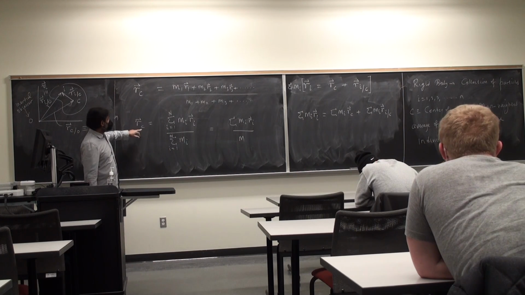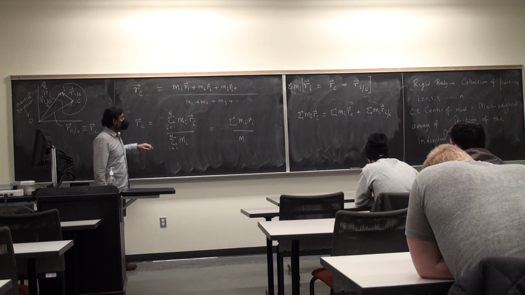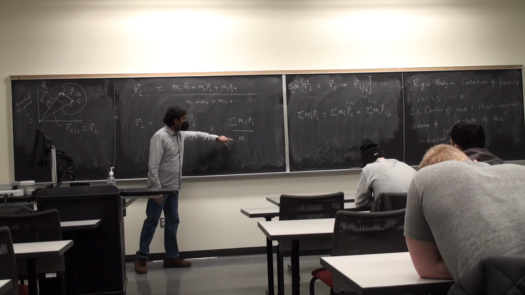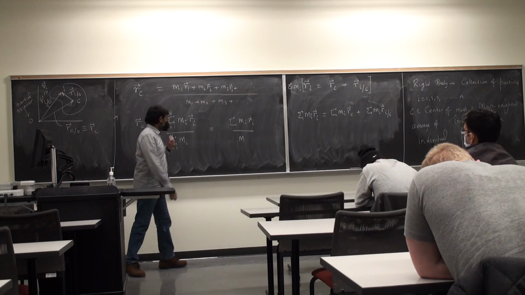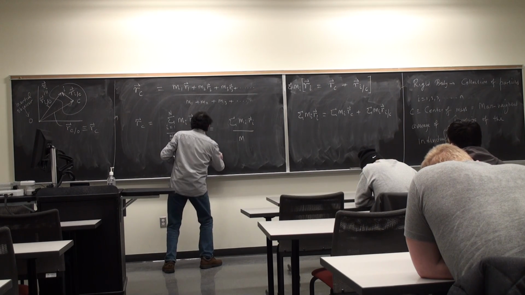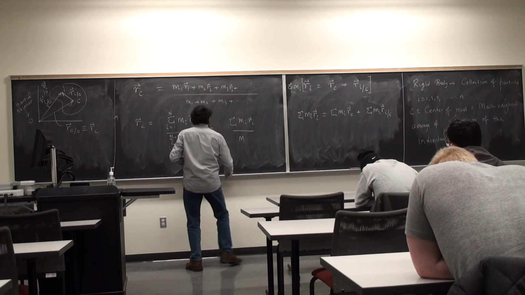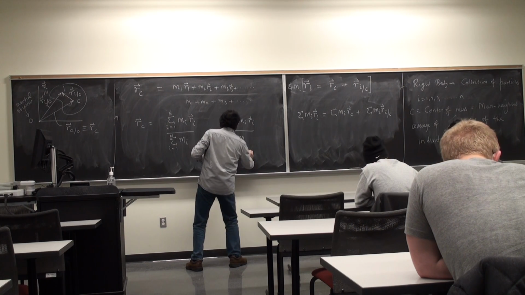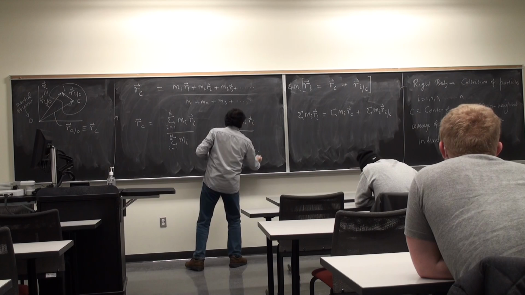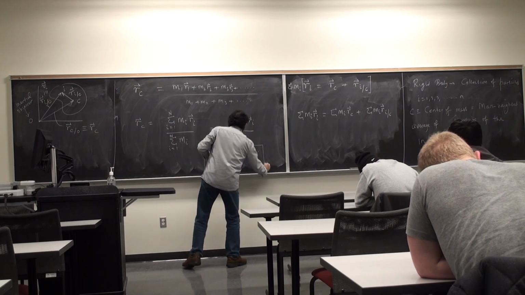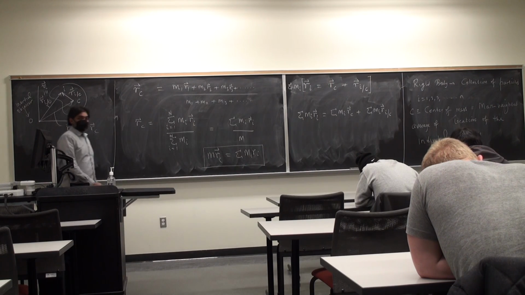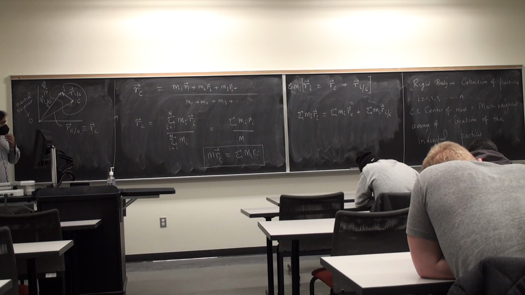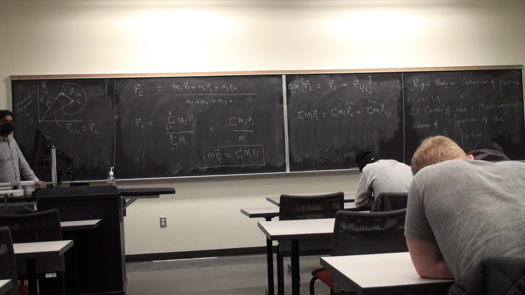Watch this. Rc is equal to this summation divided by the total mass m, or I can write m times Rc is equal to summation Mi Ri. This is from the definition of the center of mass. This makes sense to everybody. Just cross multiplying things.